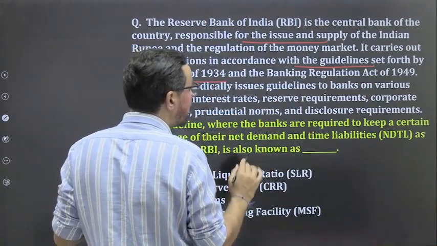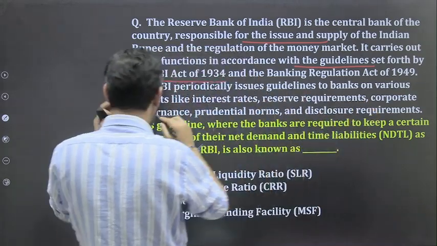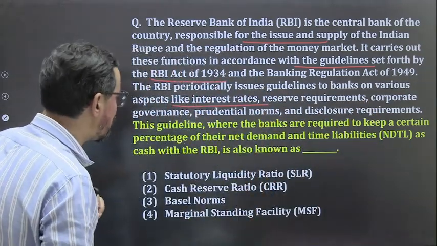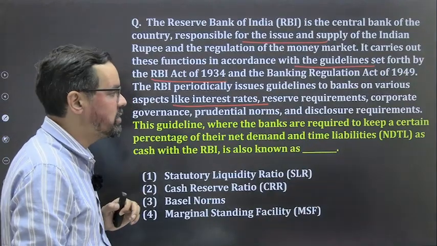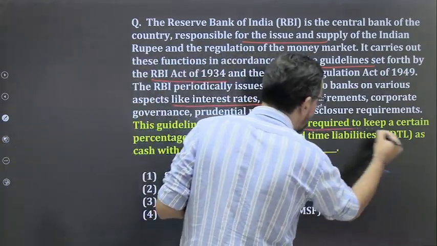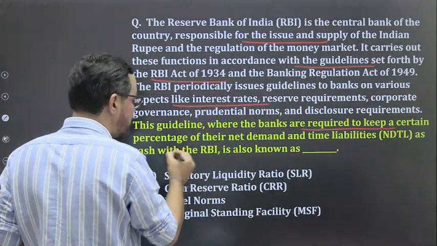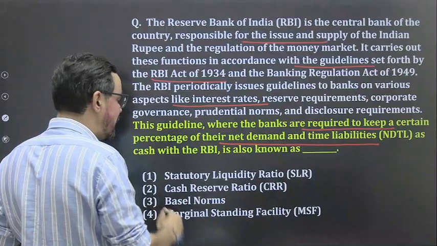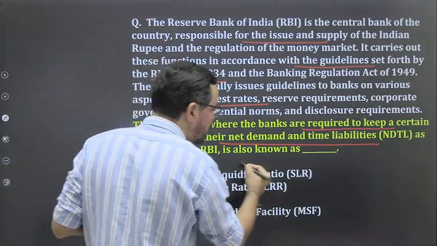RBI periodically issues guidelines to banks on various aspects like interest rate, reserve requirements, corporate governance, prudential norms, and disclosure requirements. The guidelines where the banks are required to keep a certain percentage of their NDTL, net demand and time liabilities, as cash with RBI is known as.